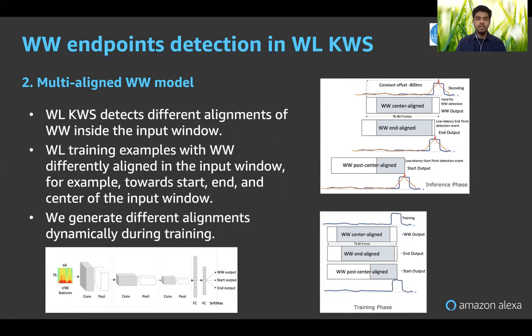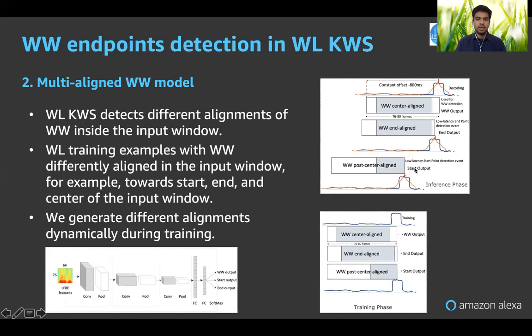Whenever each of these outputs happens, we can detect the start, end, or the center of the wake word. During inference, whenever the start center aligned output happens, we know that the start of the wake word is in the center of the input window.